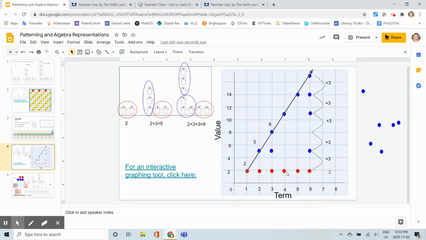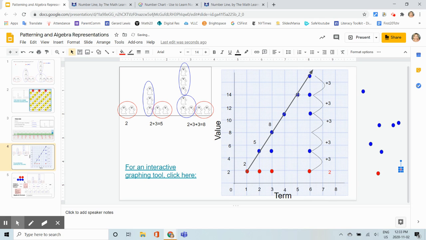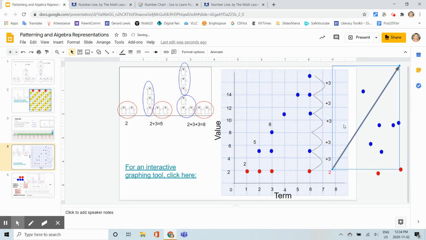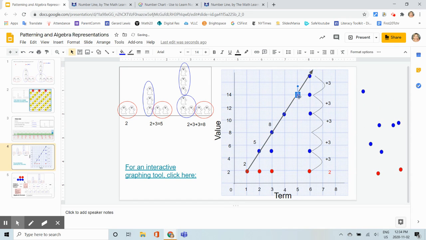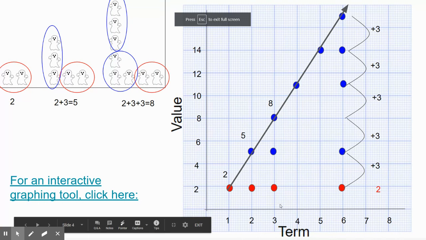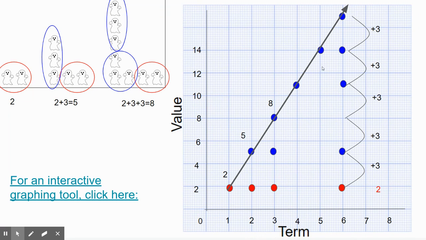So I can use this to predict where things are going. So for example, if I didn't know what was at term 5, if I didn't know what number was at term 5 and this little guy was not here, I would just look along the trajectory of my number line and I would say, oh, if I look at term number 5 and I follow it all the way up until it intersects the number line, I get the number 14.